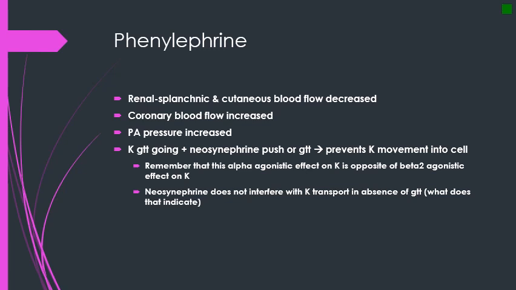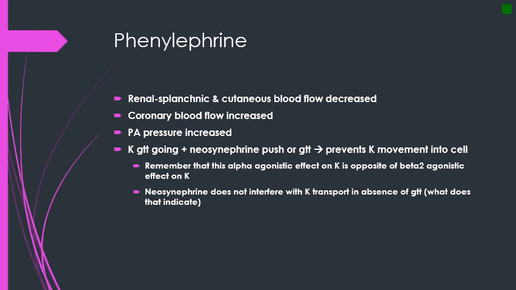If you've got a potassium drip going and you push your neosynephrine, or if you hang a drip, you have to remember that it's going to prevent potassium movement into the cell. Your phenylephrine is an alpha agonist, so its effect on potassium is opposite of your beta-2 agonistic effects on potassium. So that has to be kept in mind.